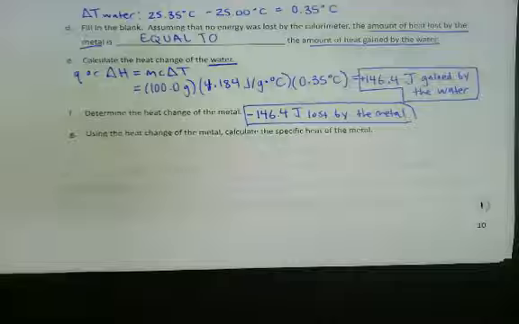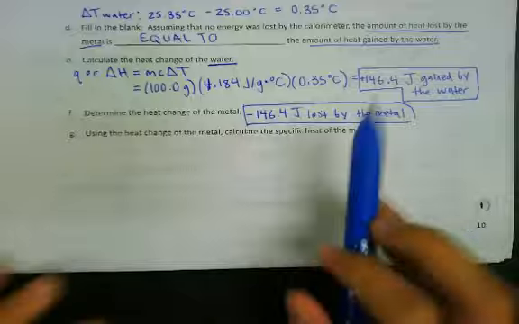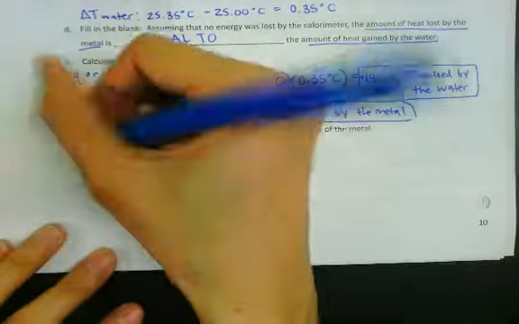What questions do we have so far? And then knowing the heat change of the metal, using the heat change of the metal, we can calculate the specific heat of the metal. We didn't know the specific heat, we weren't given that, but we can calculate it knowing what we know here.